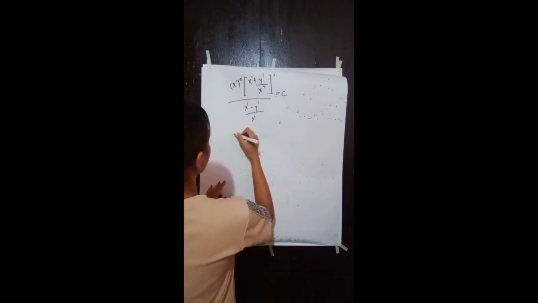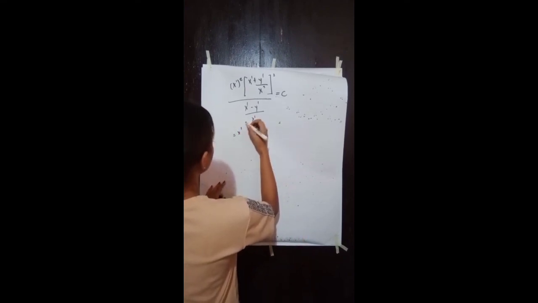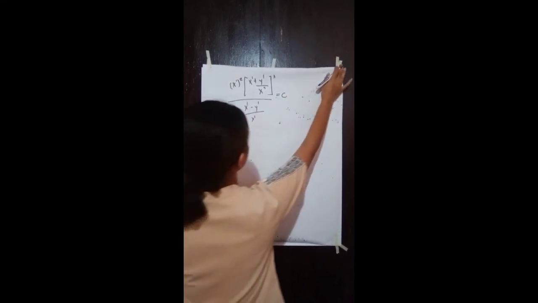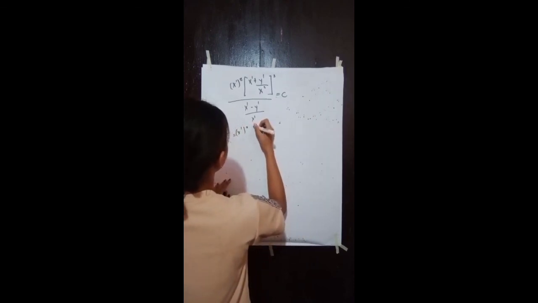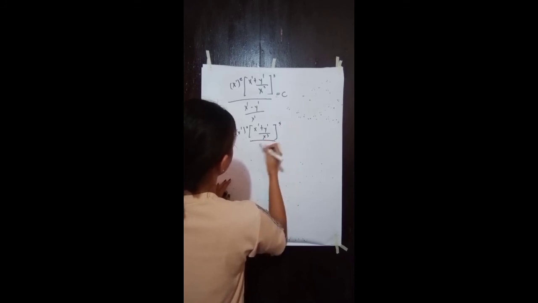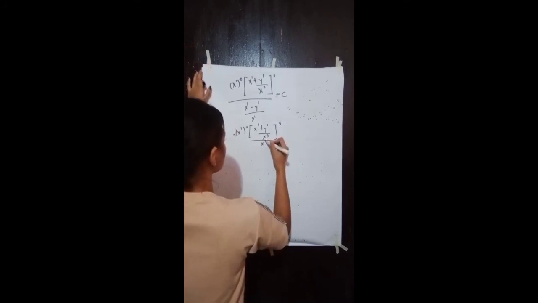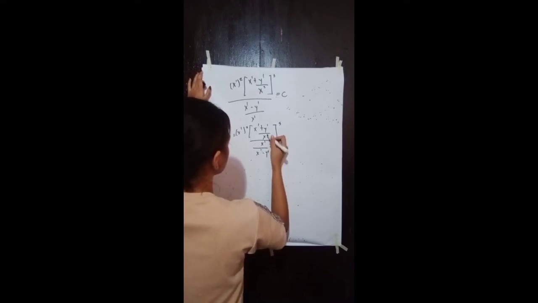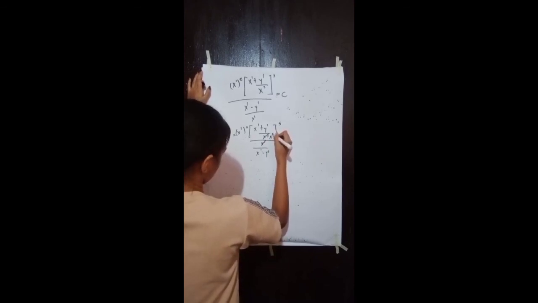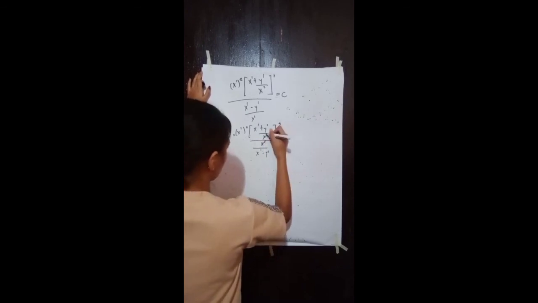So, ang mangyayari dyan is x1 plus y cube and so cancel na dito is x squared and x1 squared.